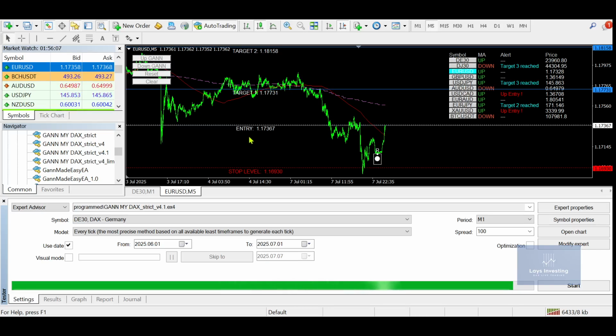So GMT plus 3 is my broker time. You have to adjust it according to your broker time. I'm using all the Gann levels. Time from price action is 1 minute because I'm on the 1 minute chart. No close at night or other time.